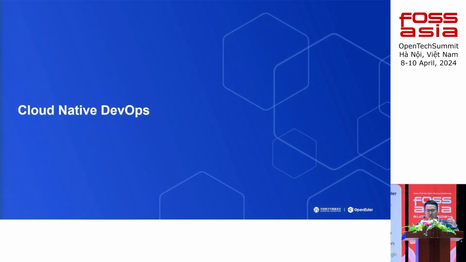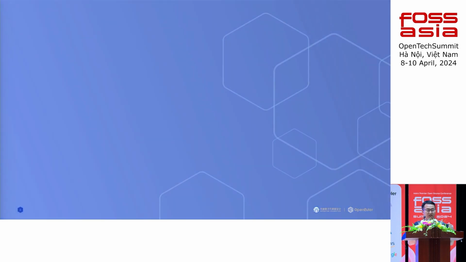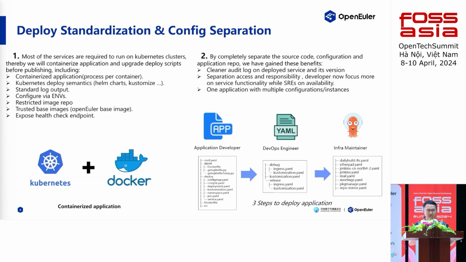Okay, we are going to the next part. It's about cloud native DevOps. I will share some experience and some best practices with you on how we deploy applications in the cloud native way. There are 4 parts. The first part is about deployment standardization.